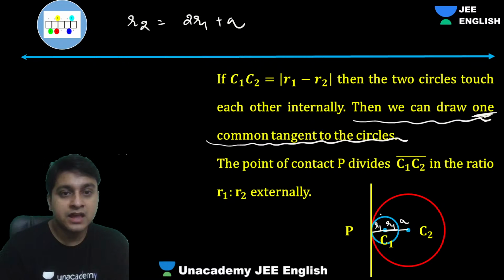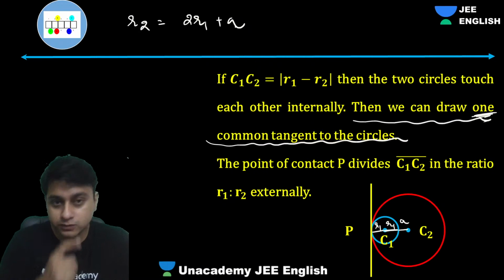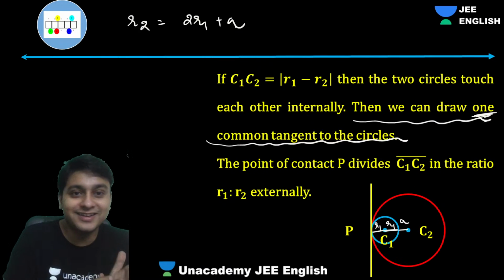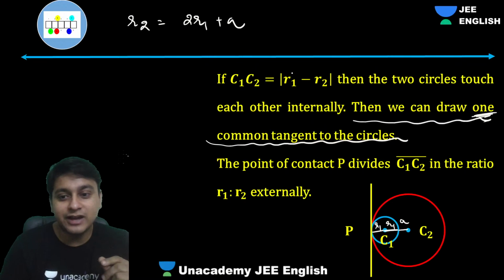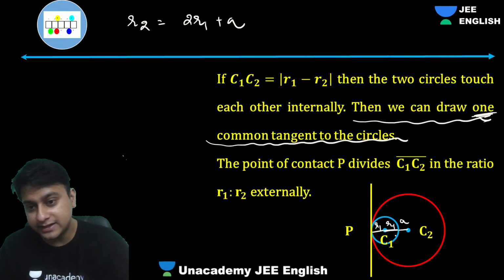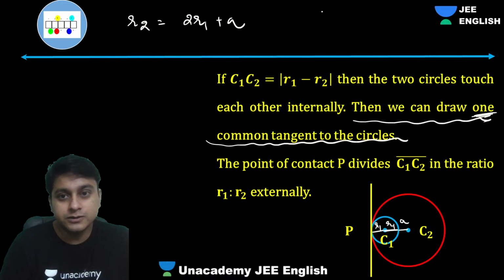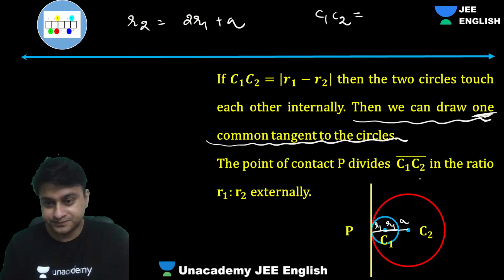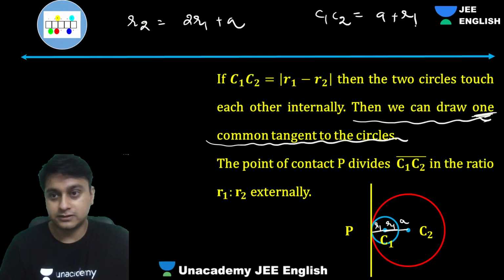Now, what about R1 plus R2? That will be huge, right? This is R2. And so what is C1C2, the distance between the centers? Can I say it will be A plus R1?